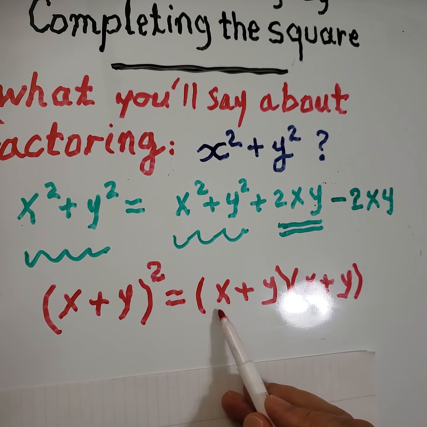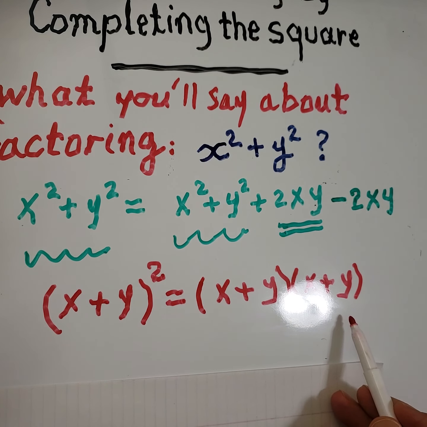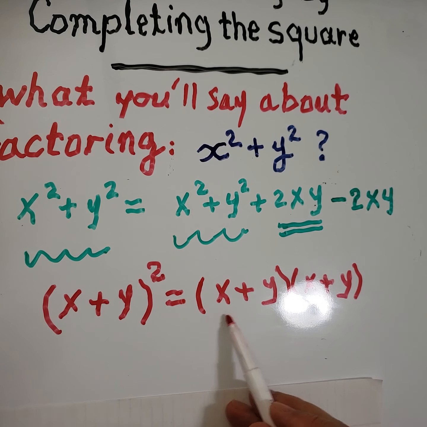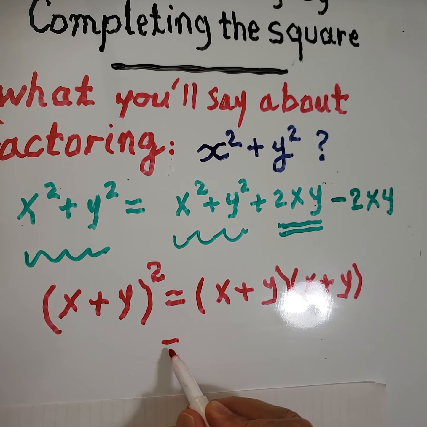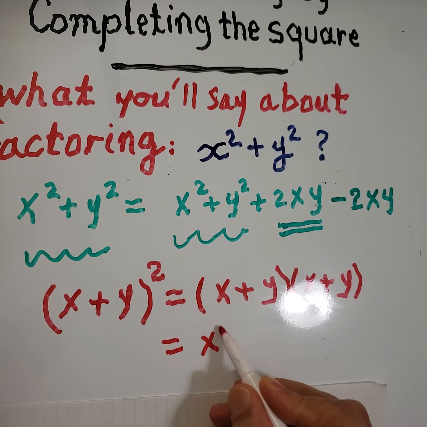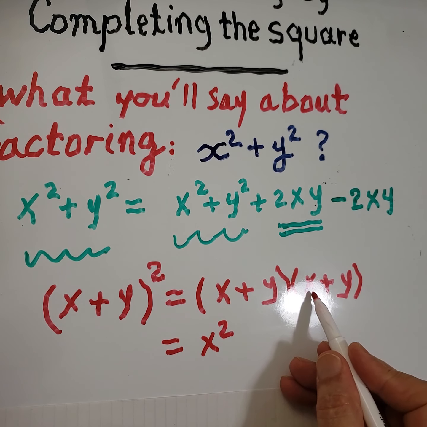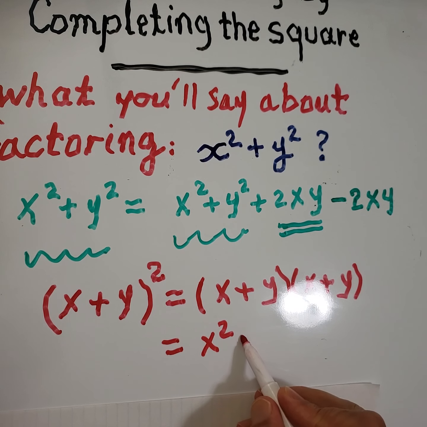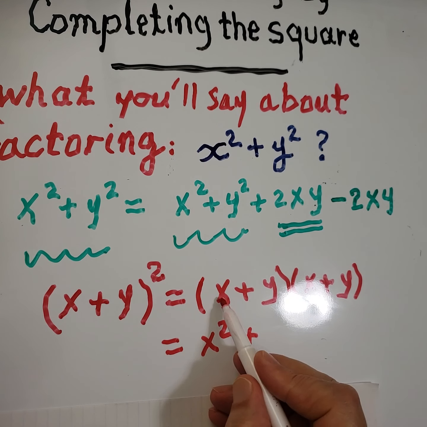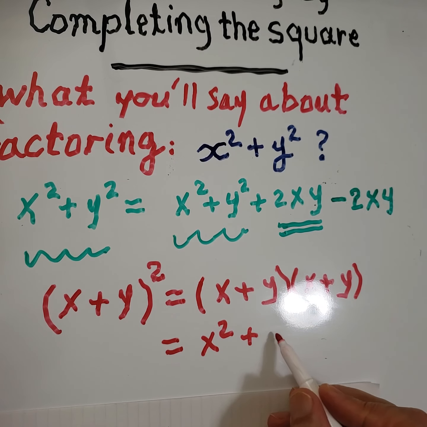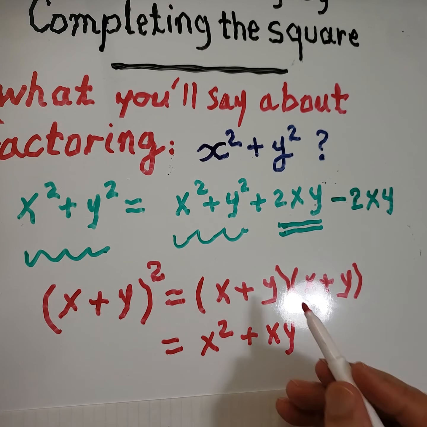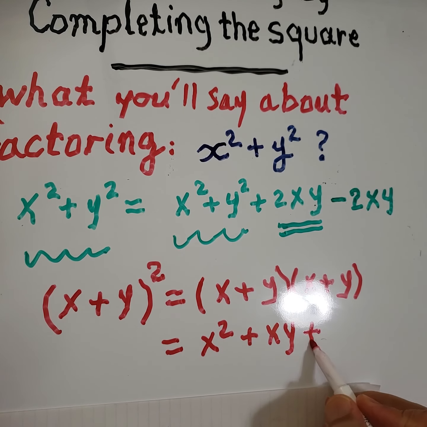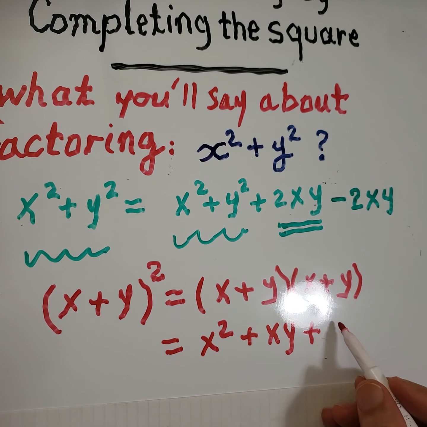And when you multiply those two factors together, you will get x squared, x by x, that's x squared, then x by y, that means xy. After then y times x, that means xy again.